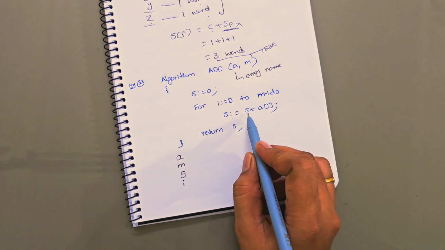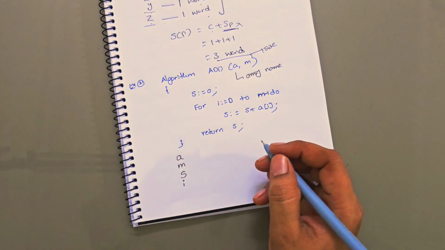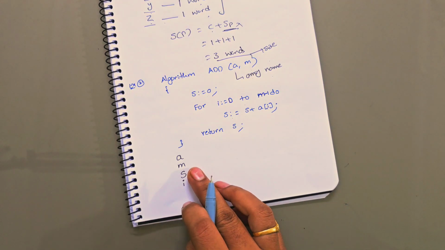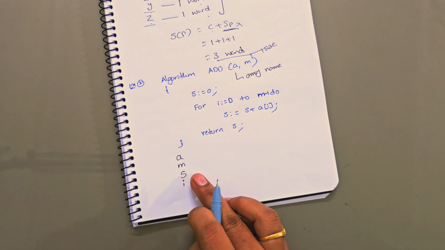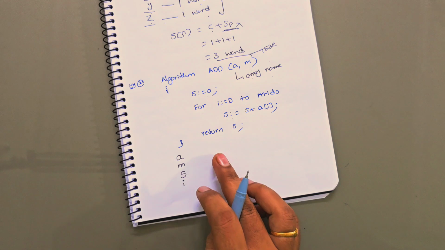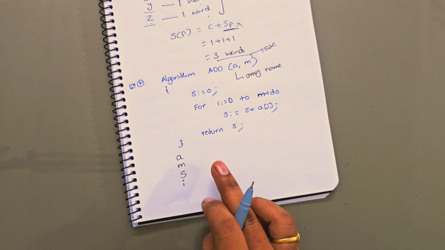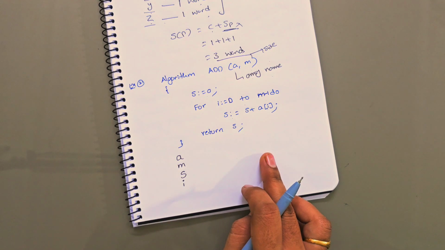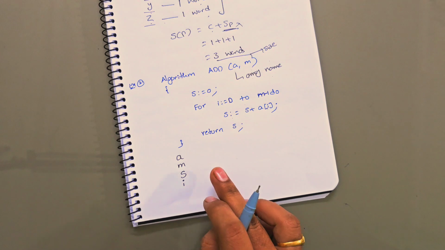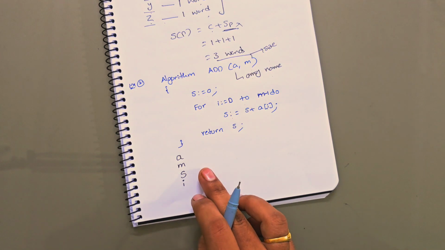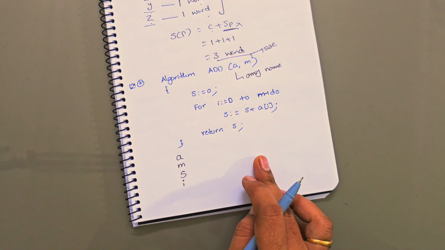M is already covered and we don't have any other variable. Next, you have to check whether each is a constant variable or a dependent variable, right? If it is an independent variable, the space complexity is one word. If it is a dependent variable, you have to check how many variables it depends on, right?